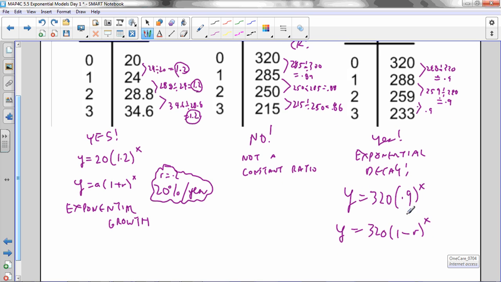If it was 100%, if it was just 1, it would stay the same, but it's going down. It's going down from 1. R is 0.1, so your decay rate is 10%. Decay by 10% per year, or per whatever. Good.